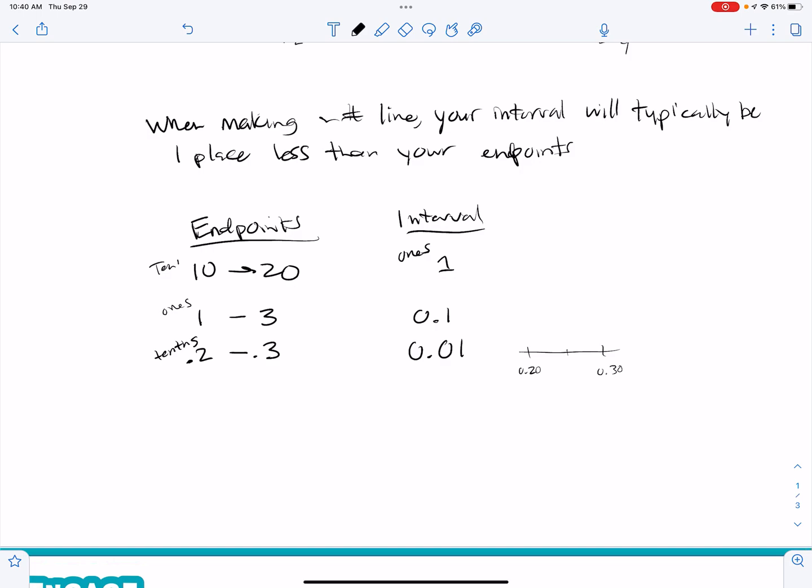So we could do an interval of 1/100th, and that would get us an appropriately created number line. And you could continue this on and on. And what's nice about this is it works for decimals, and then you can also convert fractions to decimals.